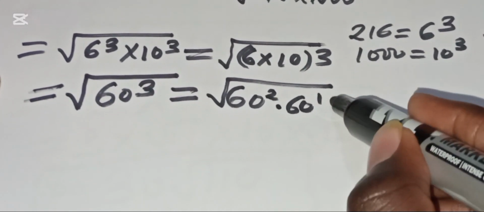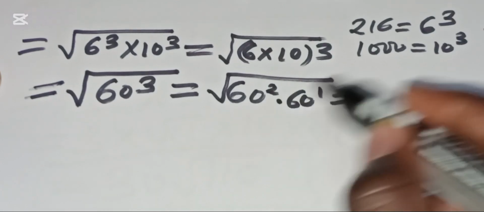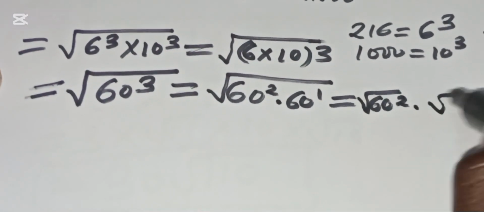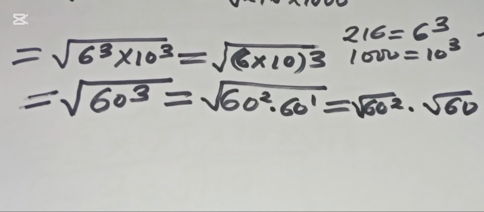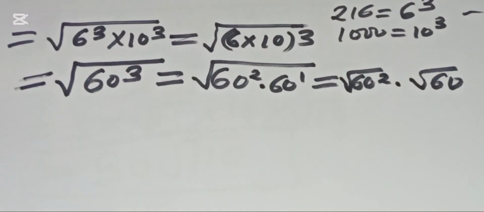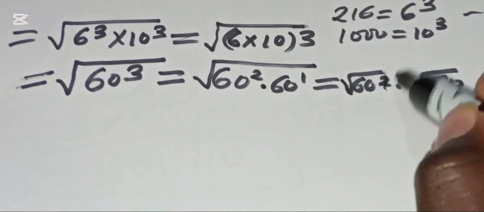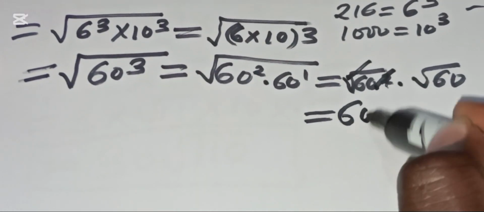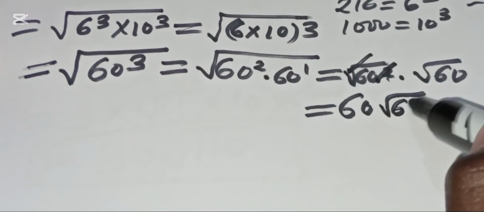The square root of 60 cubed is the square root of 60 squared multiplied by the square root of 60. The square root of 60 squared simplifies, so we have 60 multiplied by square root of 60.